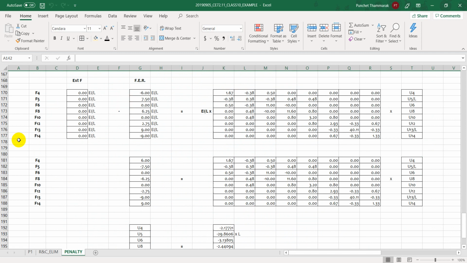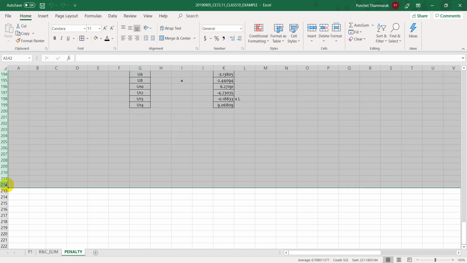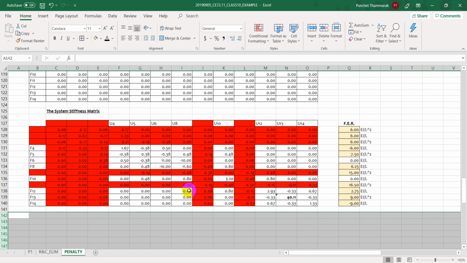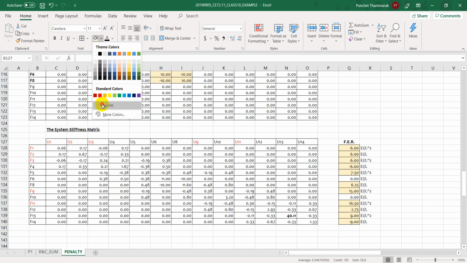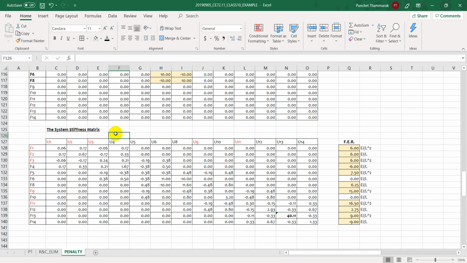So I will erase all this. I don't need to put this color in because none of this will be removed.